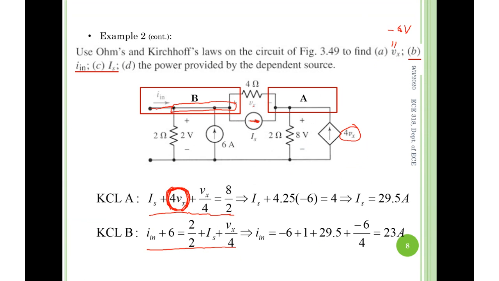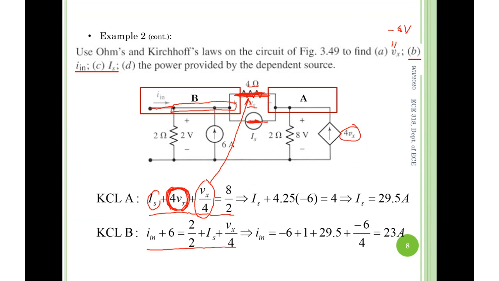In other words, what is the current here? Ohm's law: voltage across it divided by resistance value. So Vx over 4 is the current here. Is, of course, we know is labeled here.